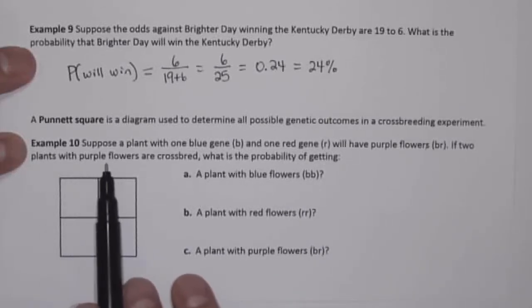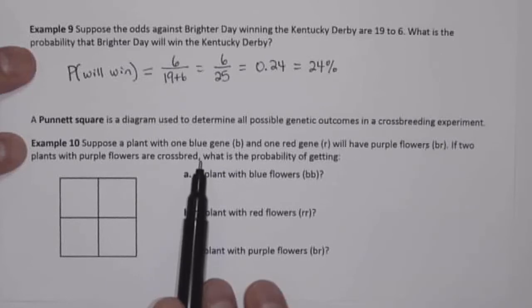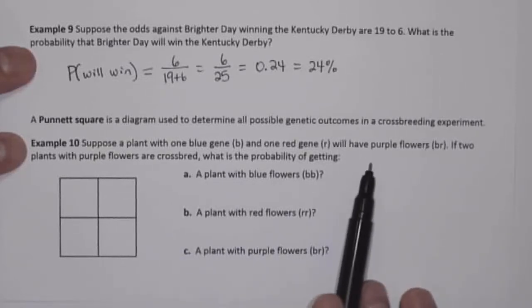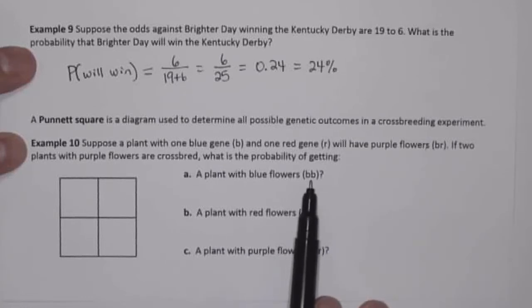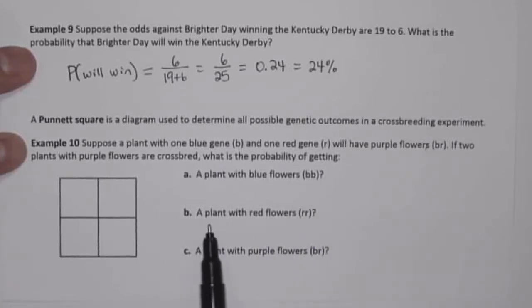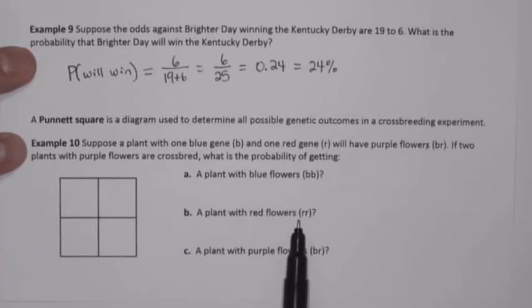If two plants with purple flowers are crossbred, what is the probability of getting a plant with blue flowers, which means they would have a BB gene, a plant with red flowers, which means RR genes, and a plant with purple flowers, which would be BR genes.